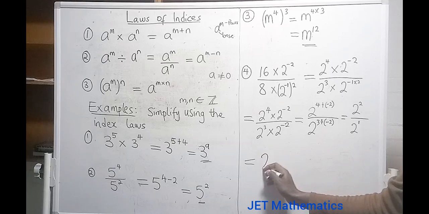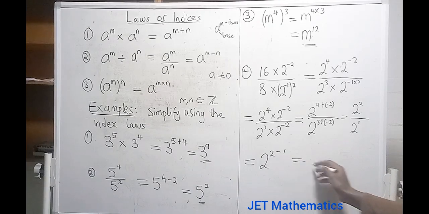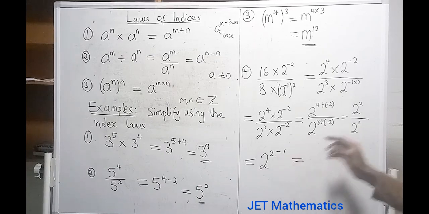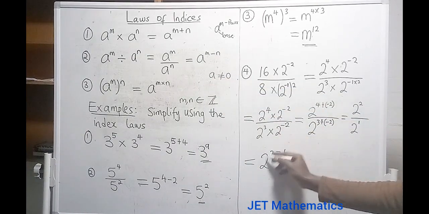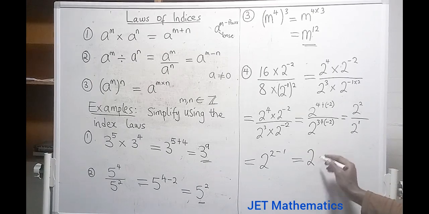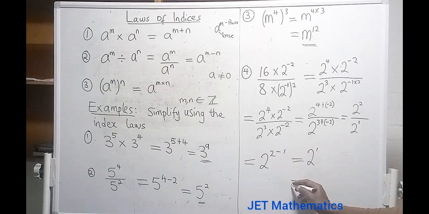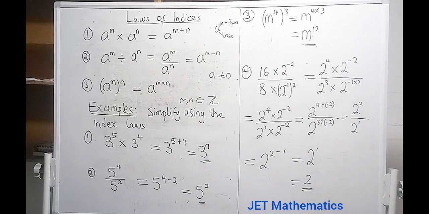So that gives me 2 raised to the power 2 minus 1. Applying the second law. And this gives me 2 raised to the power 1. Because 2 minus 1 is 1. 2 raised to the power 1 is the same thing as writing just 2. Okay? Anything raised to the power of 1 is just that thing. Okay? So this brings us to the end of the solution. So the answer is 2.